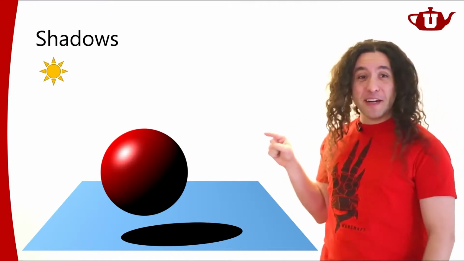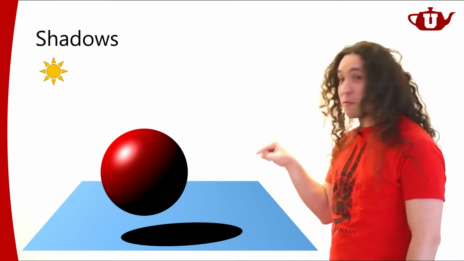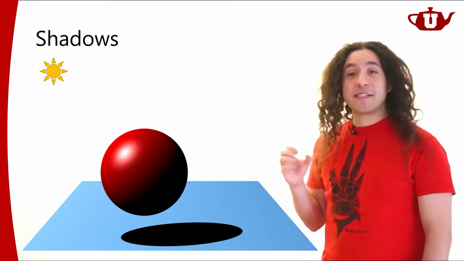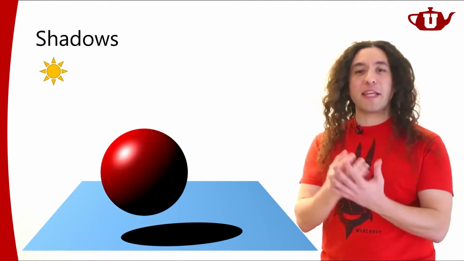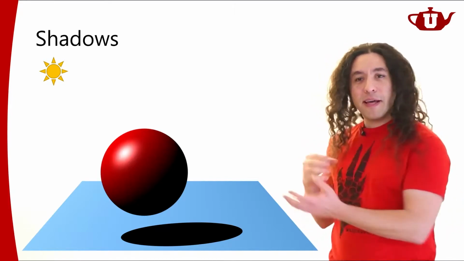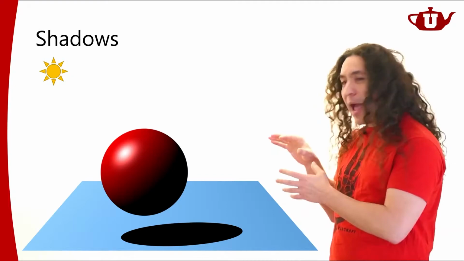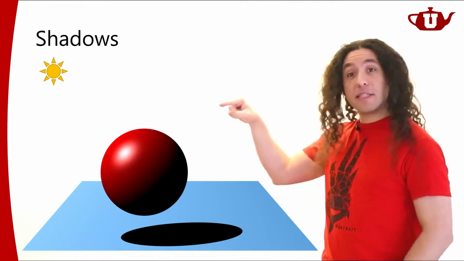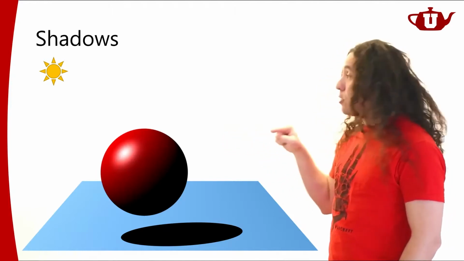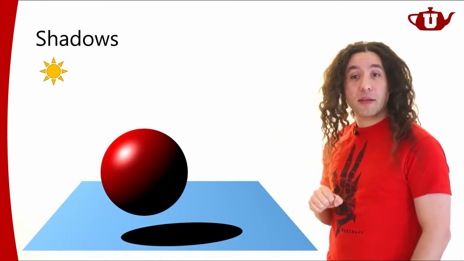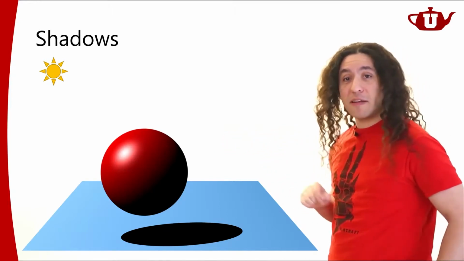This is very important, right? The shadows give us a very clear sense of how different things are oriented according to each other. So I have a sense of where this ball is in comparison to this plane just by looking at its shadow. It's a very good indication.